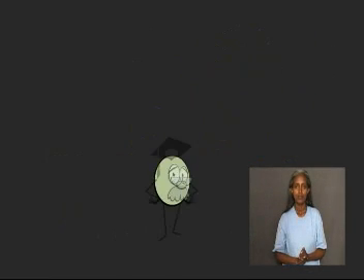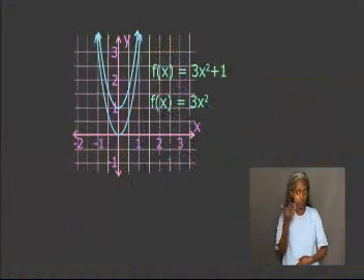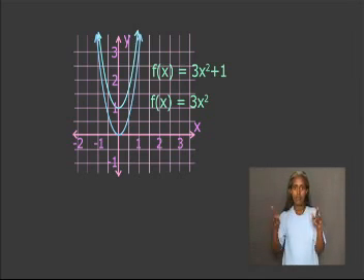Time's up. Let's get back to our lesson. Hello again, students. What did you notice about the graphs that you drew? Both of the graphs are parabolas, and both open upward, but their vertices are in different locations.